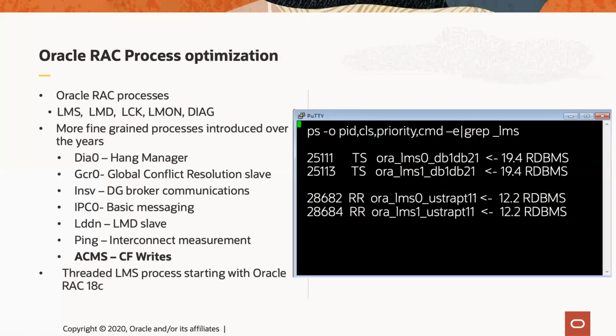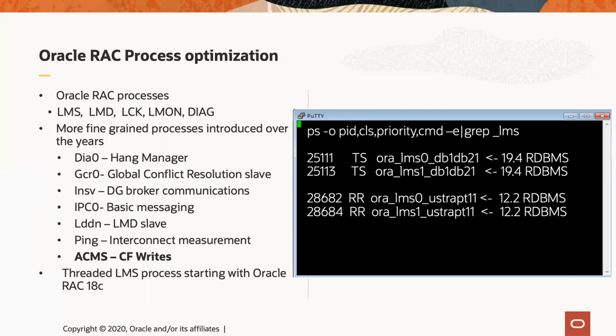If you look at Oracle RAC processes, specifically the LMS, LMD, LCK, LMON, and the DIAG, we have made them more fine-grained. Making them more fine-grained enables scalability and availability. We have a hang manager running in DIA0, and we have IPC0, which performs basic messaging. They're all separate processes and separate threads.